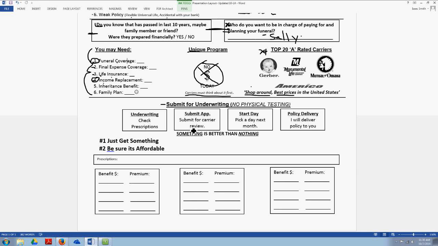The reason field underwriting is so important is you want to make sure when you submit the application to the carrier, it gets issued, you get paid, and the person gets covered. If you're just taking applications at random and submitting them to random carriers without looking at prescriptions and asking health questions, guys, you're going to waste a ton of time.